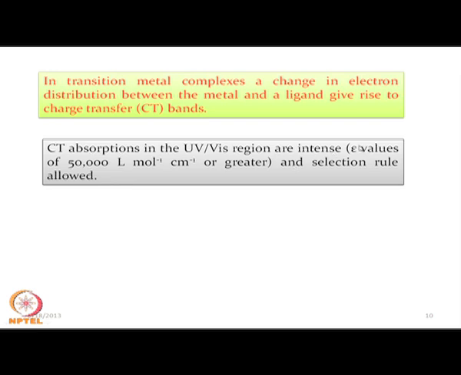And as I told you just now, the corresponding epsilon values are also very high, of the order of 50,000 liter mole inverse centimeter inverse, and the selection rule is definitely allowed, because we are not talking in terms of d-d transitions.